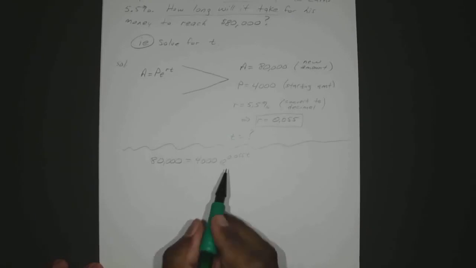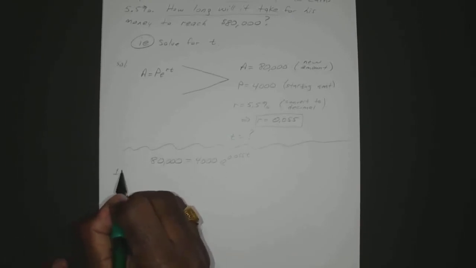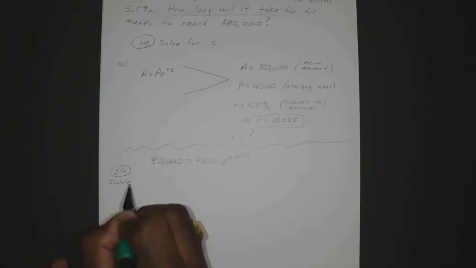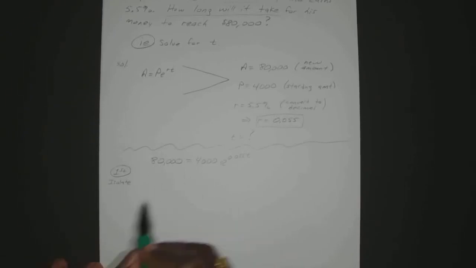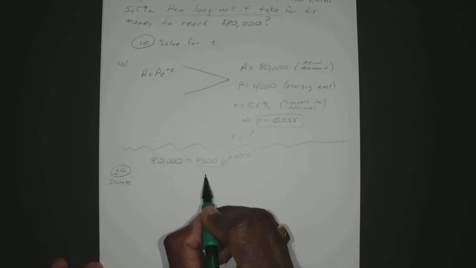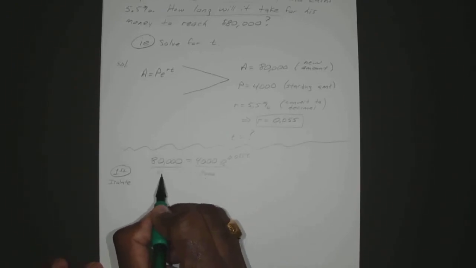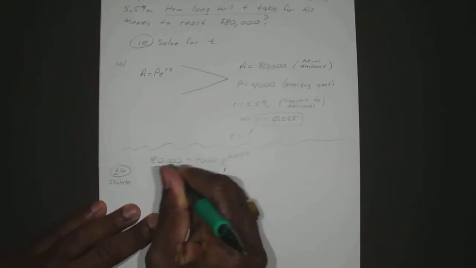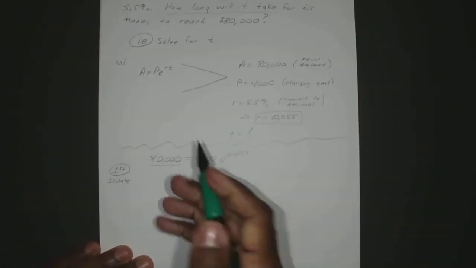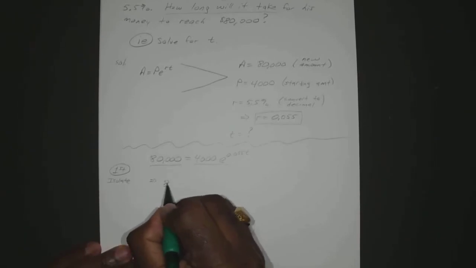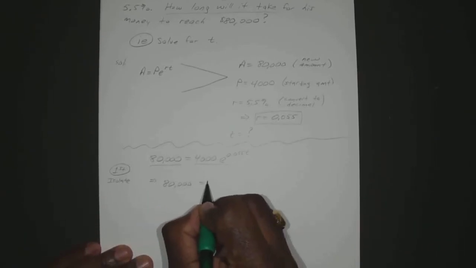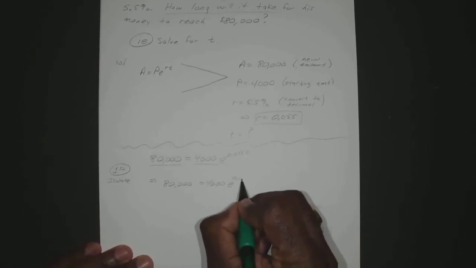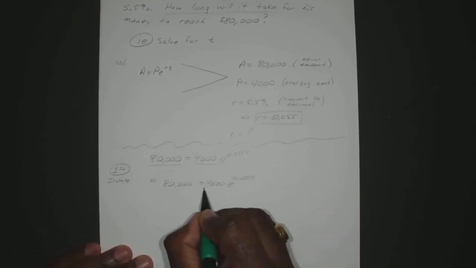The first step is to isolate the exponential function. So we divide both sides by 4,000. Actually, I should go ahead and rewrite it to avoid any confusion. So it gives us 80,000 equals 4,000 times e to the 0.055t.